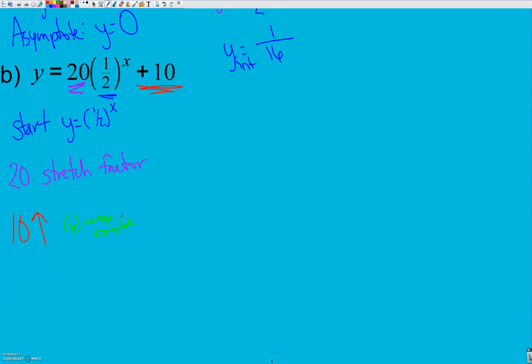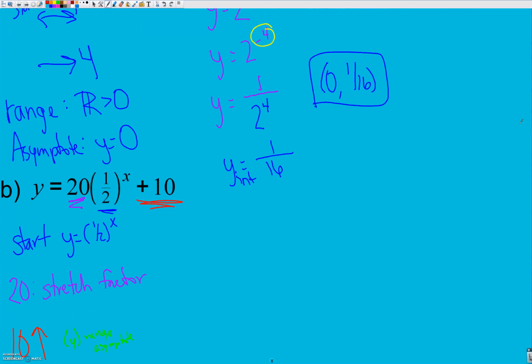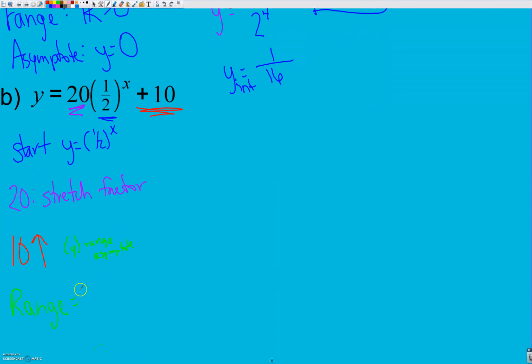Okay, let's plug this in. Our range, instead of being all real numbers greater than 0, now we're going to have all real numbers greater than 10. That's whatever our k value is, that number added on. That's always going to be our range number.